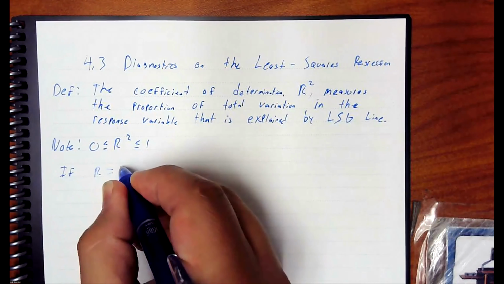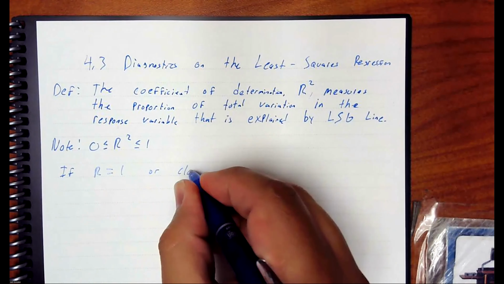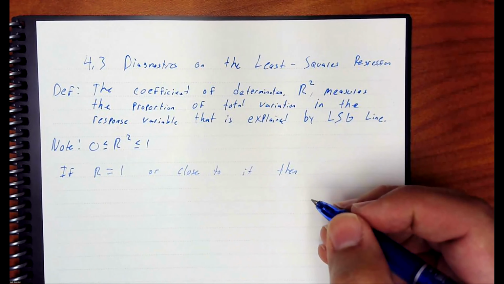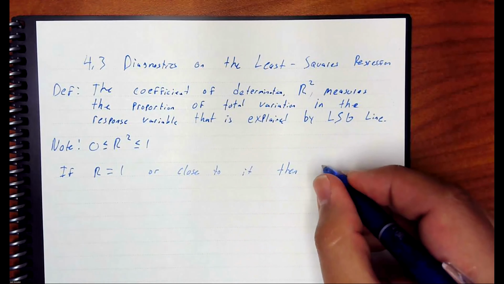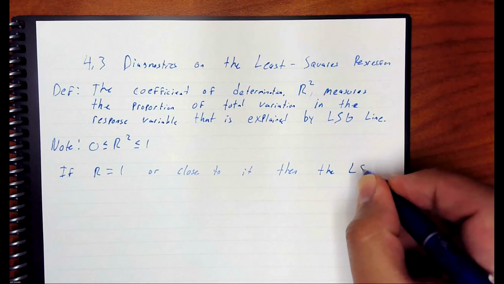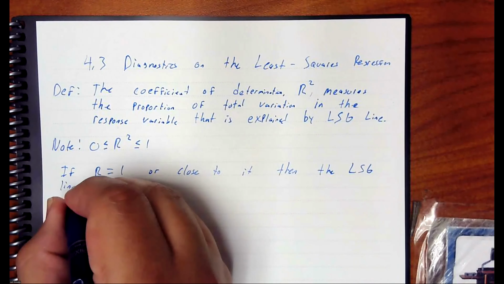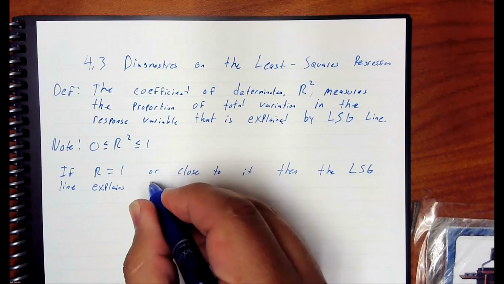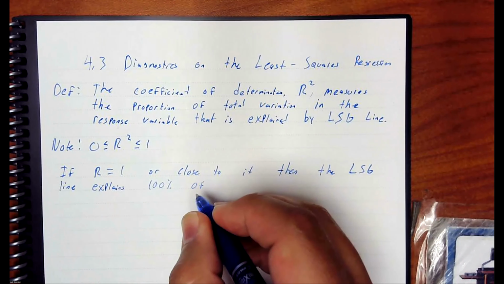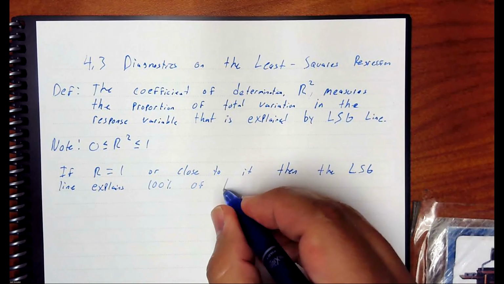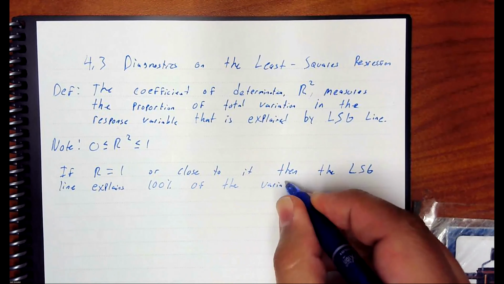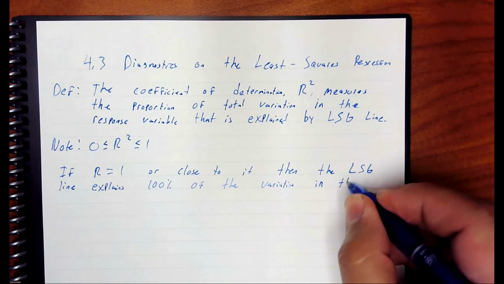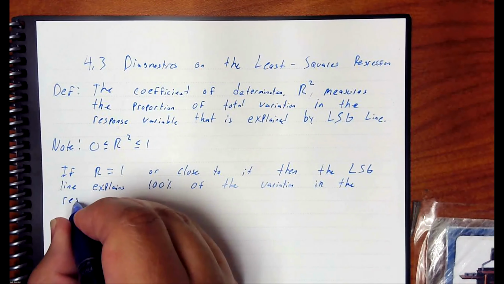If R squared is equal to 1 or close to it, then the least squares regression line explains 100% of the variation in the response variable.